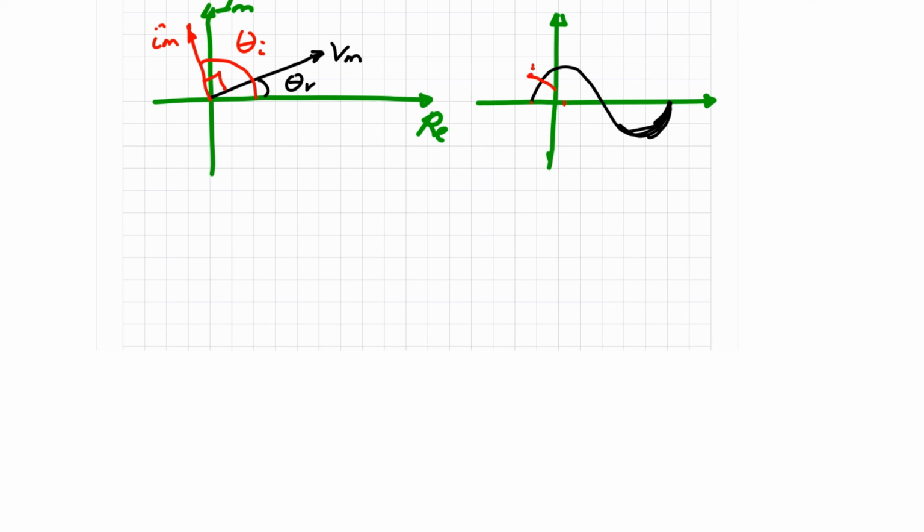That would be already maximum here. So it's going to be like that. This is I of t, and the phase difference here is 90, and current is in lead. This is V of t.